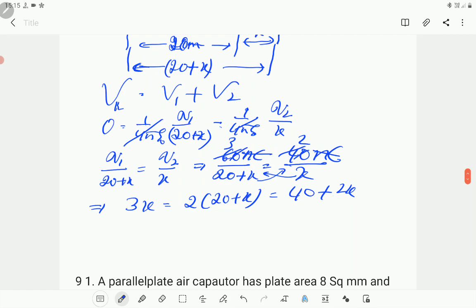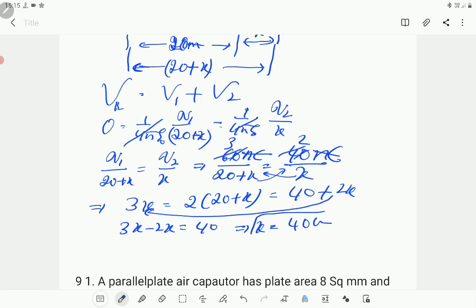So you bring it to the left side. You have 3x minus 2x that equals 40. Okay, so the value of x will be 40 centimeters.